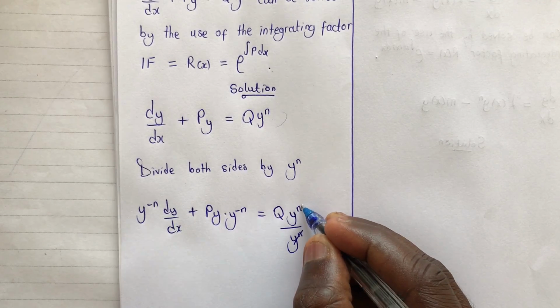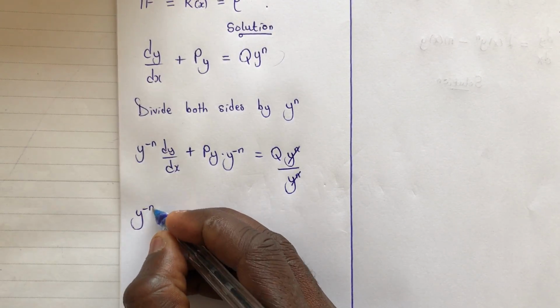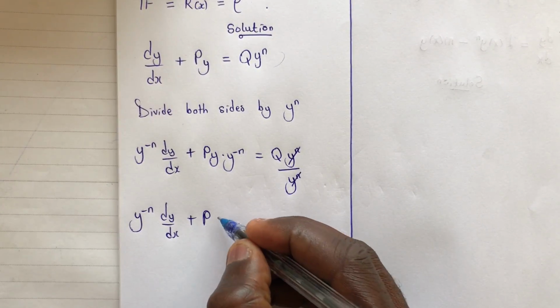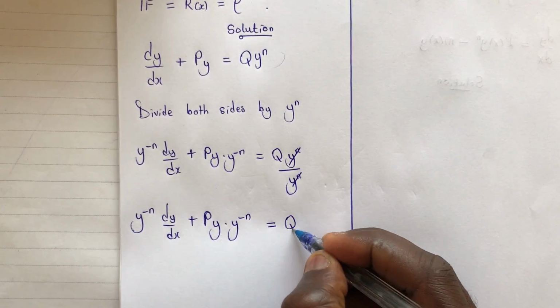So this will take care of this, giving us y^(-n) dy/dx + Py · y^(1-n) = Q.